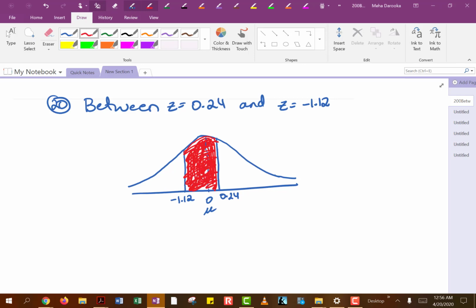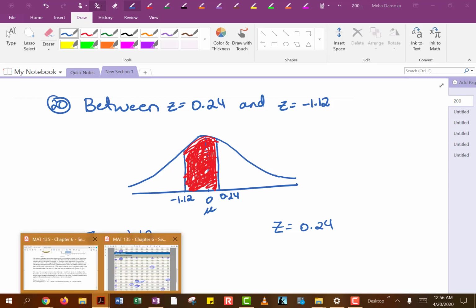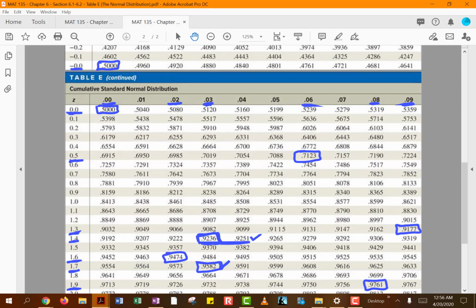Okay, so let's start with the positive one for z equals 0.24, and then we'll of course also find it for negative 1.12. So let's start with 0.24. We'll need to go to our table over here, 0.2 and 4.